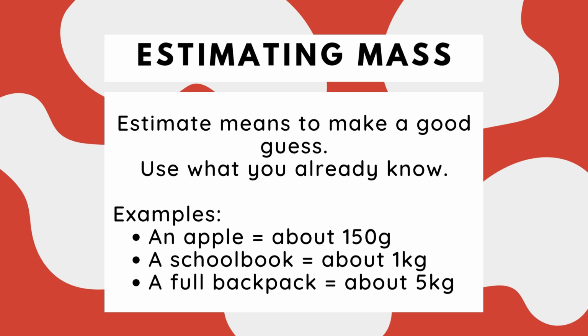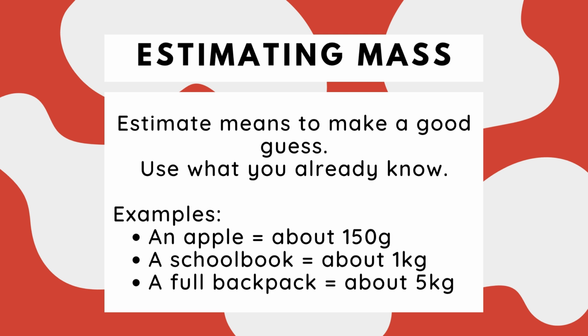Before we measure, we often estimate the mass. That means we make a good guess using what we already know. And remember, for term 1, we are focusing on estimation. What is estimating? A guess. So we can do estimating in mass as well by remembering how heavy something was in our past and then comparing it more or less.